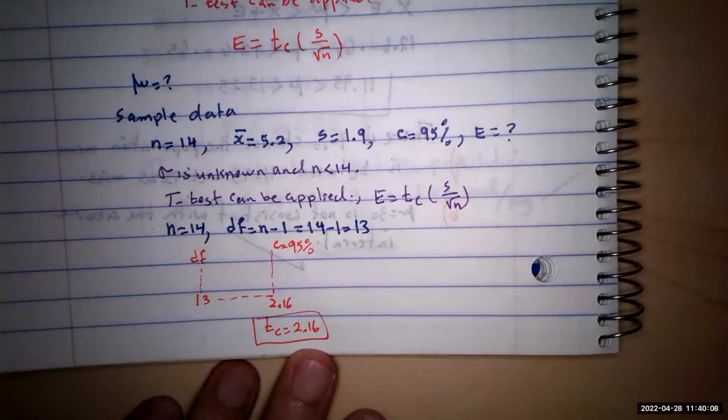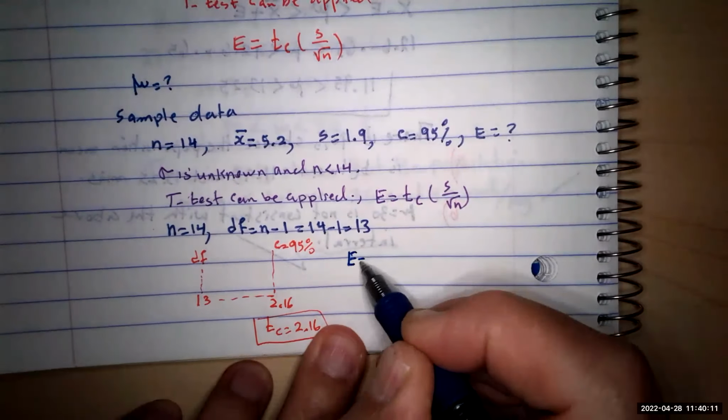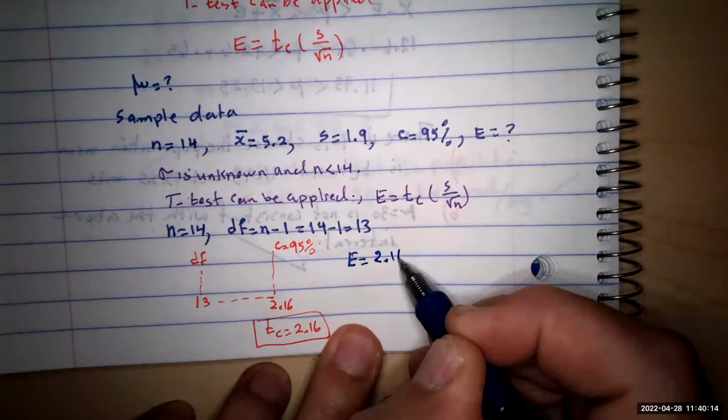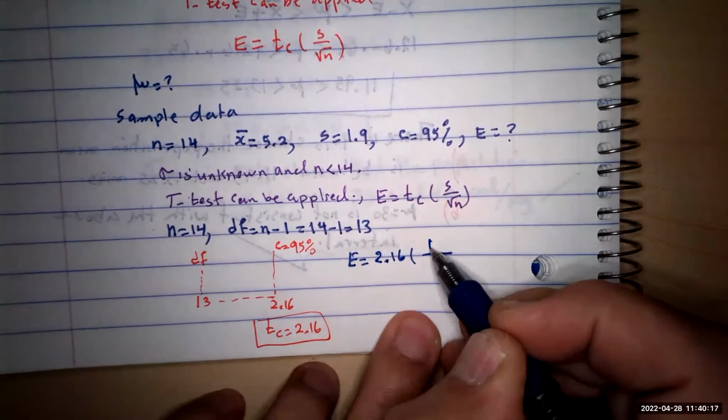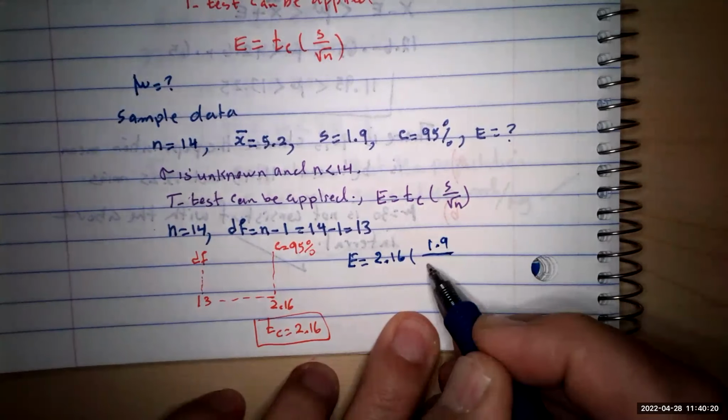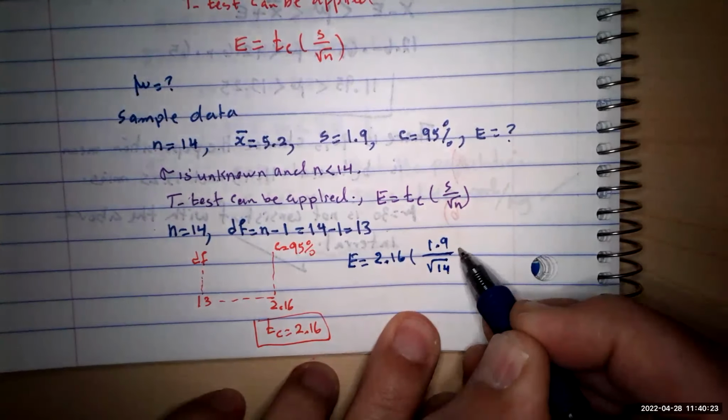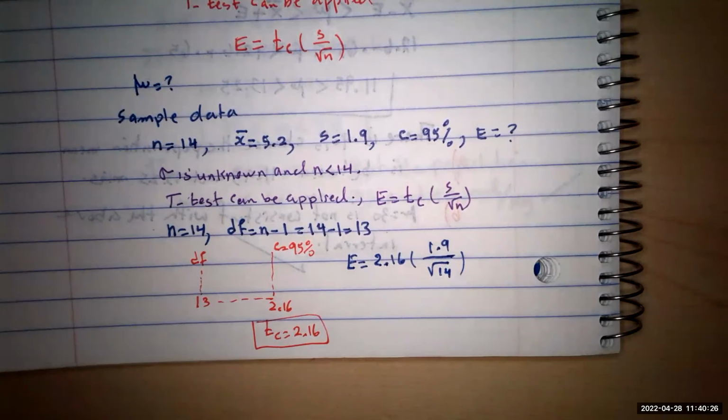So you go back and you substitute to get the E. So E is equal to 2.16 times the standard deviation, which is 1.9, divided by the radical N, radical 14. Use your calculator to get this number. So that would give us the marginal error. So we have 2.16 times 1.9, okay, 4.1, and divided by the square root of 14.